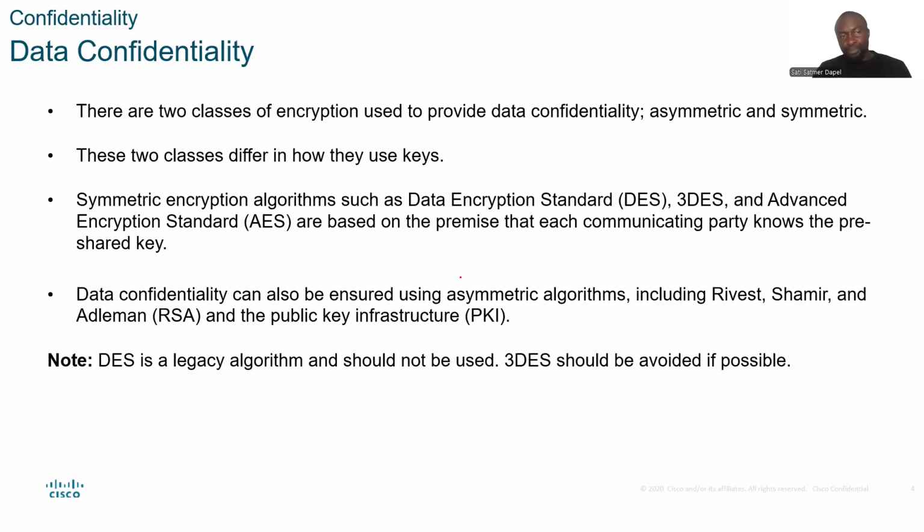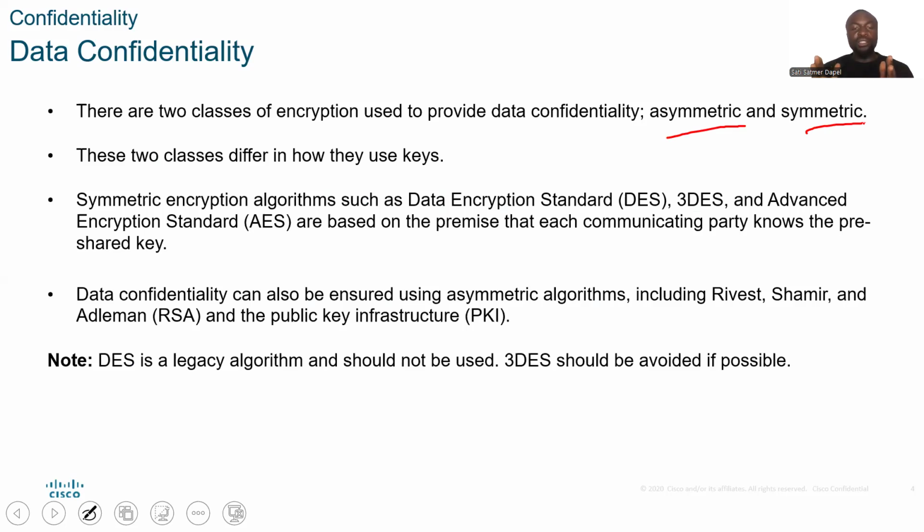Confidentiality. There are two classes of encryption used to provide data confidentiality. We have the asymmetric and the symmetric encryption. These two classes differ in how the keys are used.